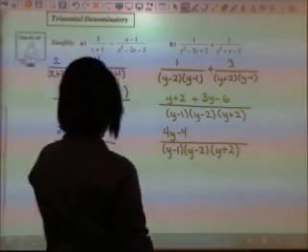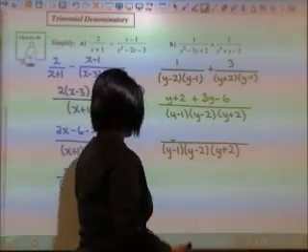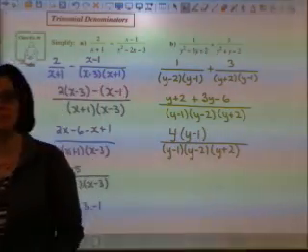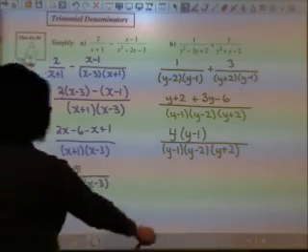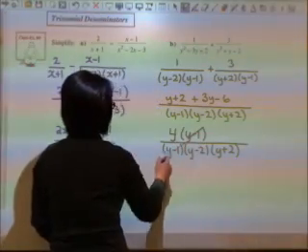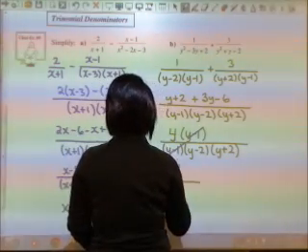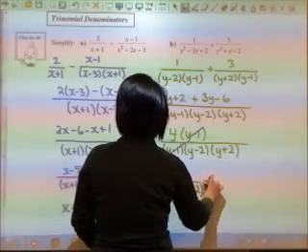And if I factor out a 4, what am I left with? Y minus 1. And you can cancel it out. So I can cancel out these common factors. And I get 4 over y minus 2 times y plus 2.